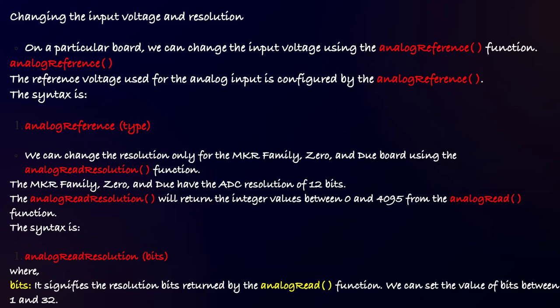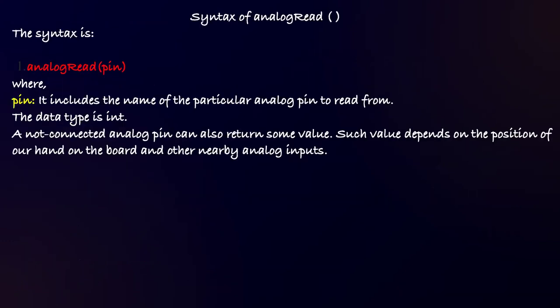And what is the syntax? analogReadResolution, and bits should be written in the parentheses. Understood? These bits signify the resolution bits returned by the analogRead function. Now we can set the value of bits between 1 to 32. That is the general one.